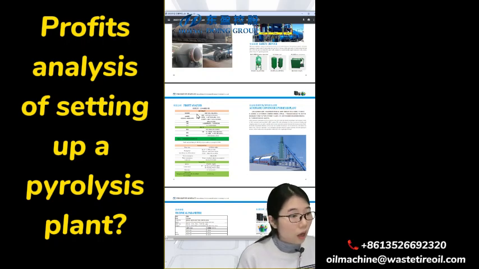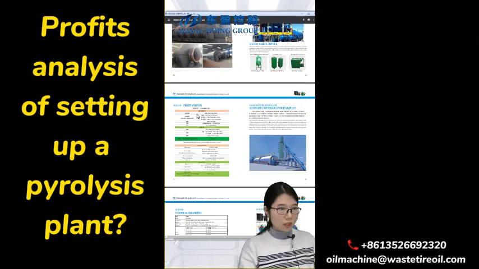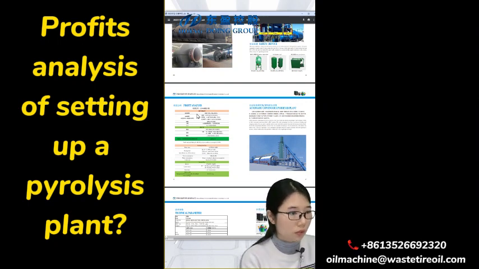And we also have the heating cost. We need to use extra heating fuel for heating the reactor. Even though most of the heating fuel will be replaced by the syngas, we also need to use about 400 kg of extra heating fuel for heating the reactor.